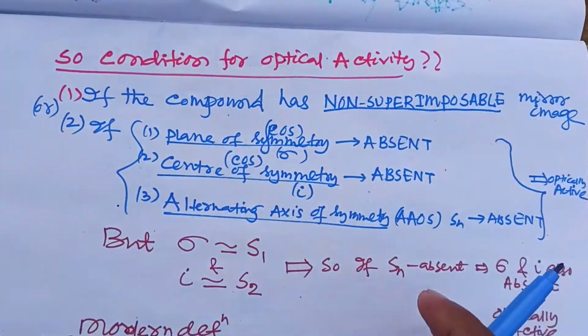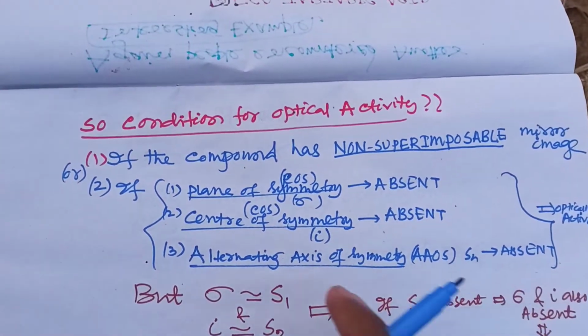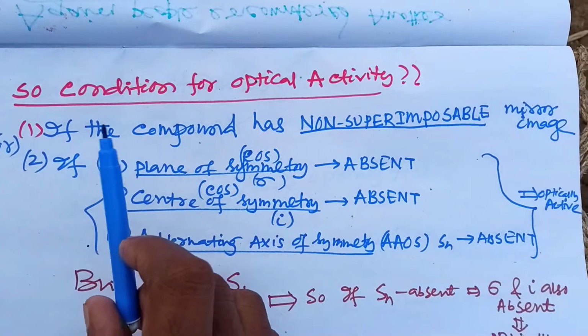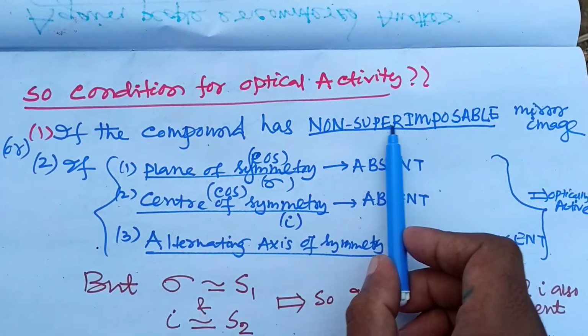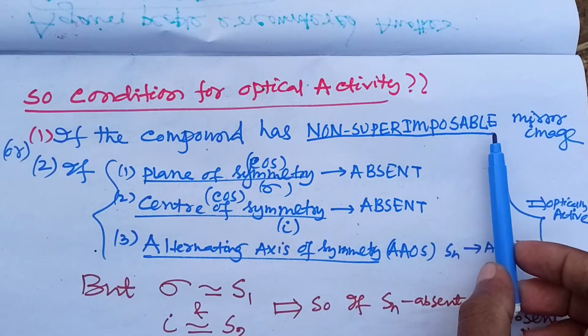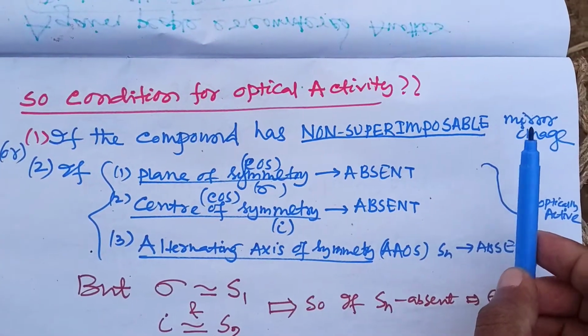So what is the condition for optical activity? Here is the condition. If the compound has a non-superimposable mirror image, then it will be optically active.